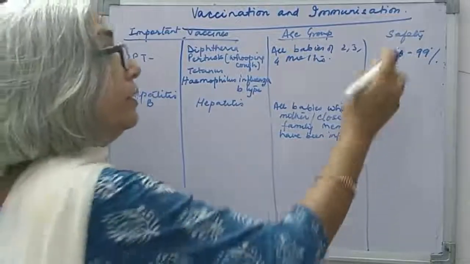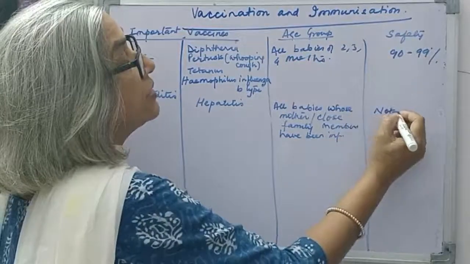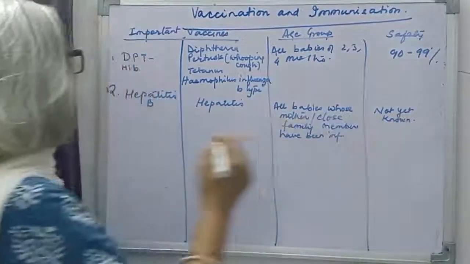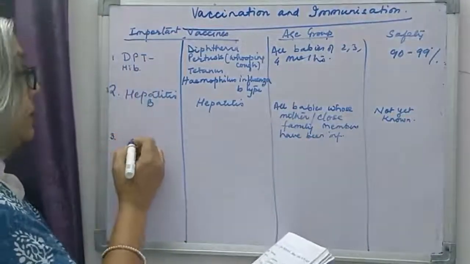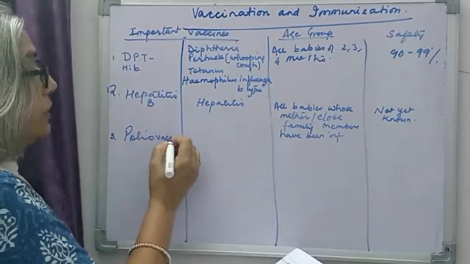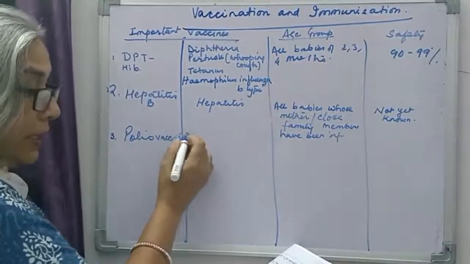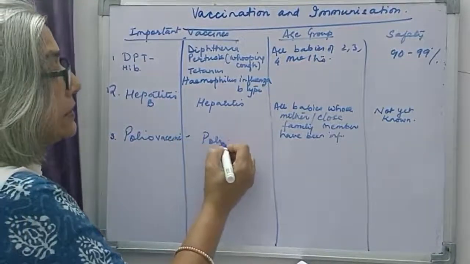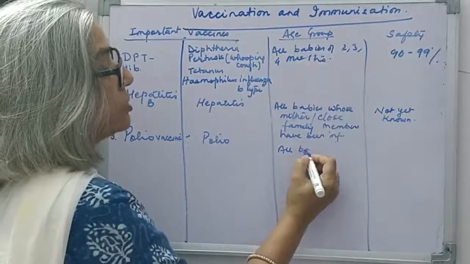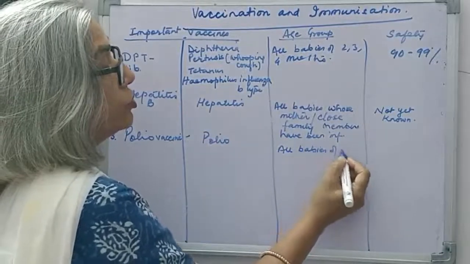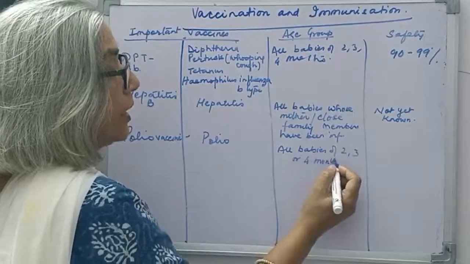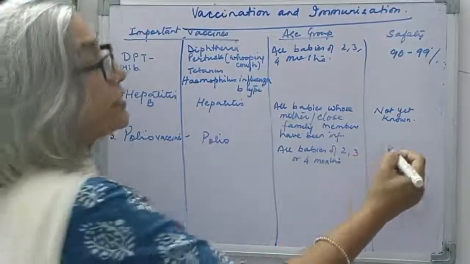Now, the safety of this vaccine is not yet known to us. Then the third vaccine is Polio Vaccine. And this is against the disease polio, again given to all babies of 2, 3 or 4 months of age, and the safety of this vaccine is 100%.